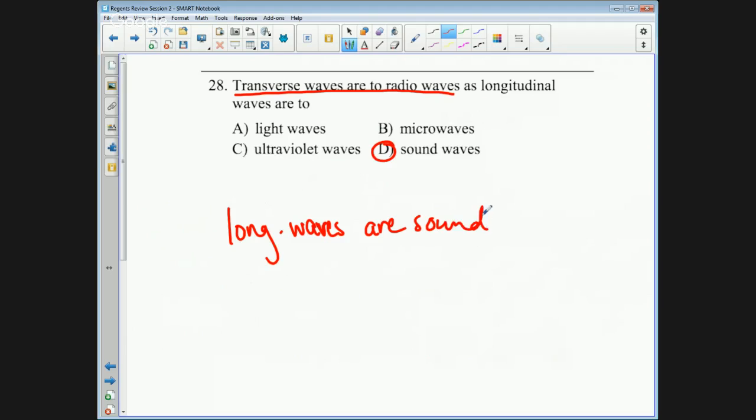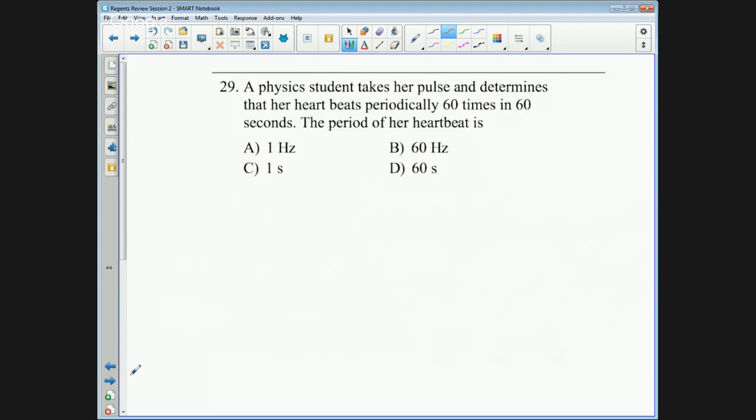Okay? Next. 29 says, a physics student takes her pulse and determines that her heart beats periodically 60 times in 60 seconds. The period of her heartbeat is what? So period is measured in seconds. So this is the time divided by the number of oscillations. Okay?